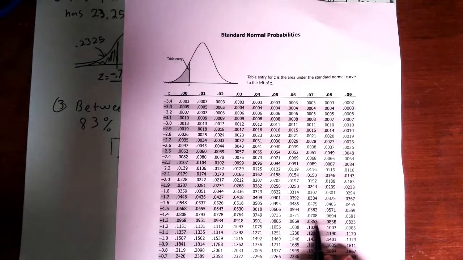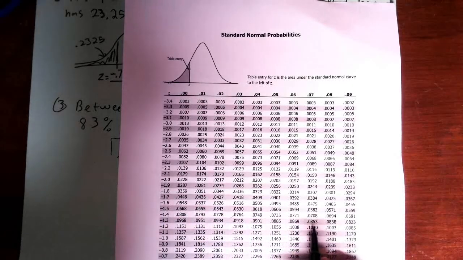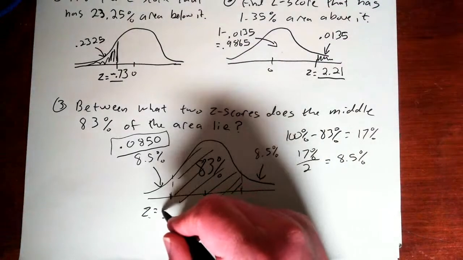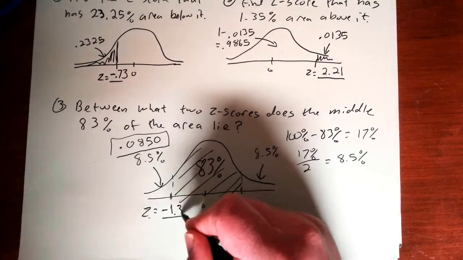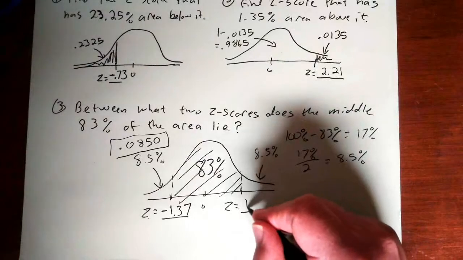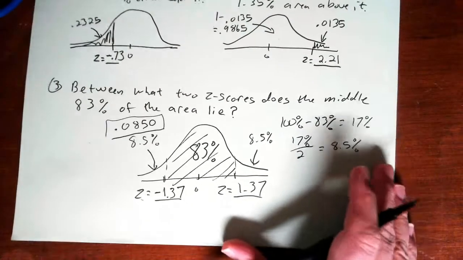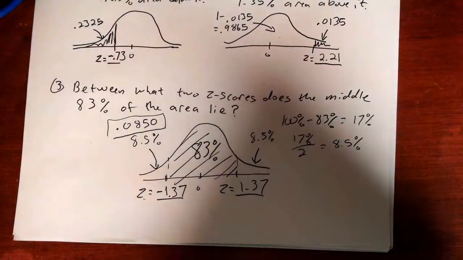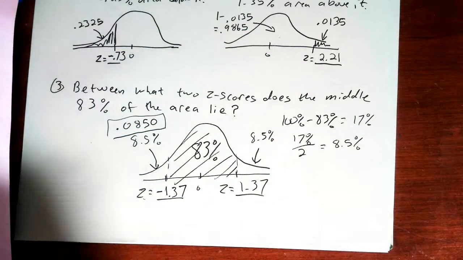It's 0.0853, and I get negative 1.3, and up above is 0.07. So negative 1.37, and that makes this positive 1.37. Okay, and that is doing the table backwards. So we did it forwards, and now we're doing it backwards.